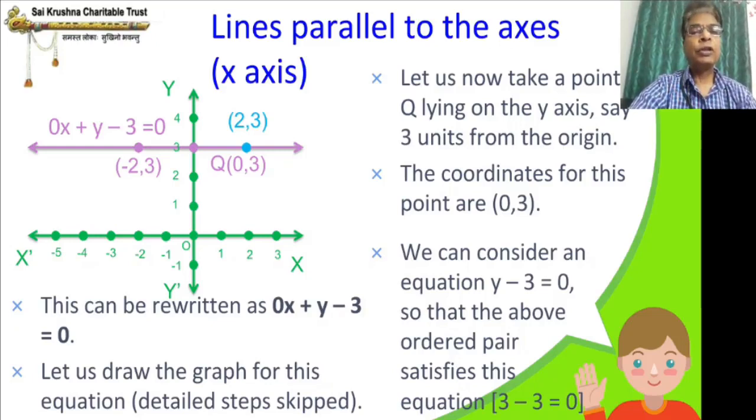So now what do you see? Since the equation is y equal to 3, that means the line will be parallel to the x axis at a distance of 3 in the positive direction. Let me see in the next page what details are there.